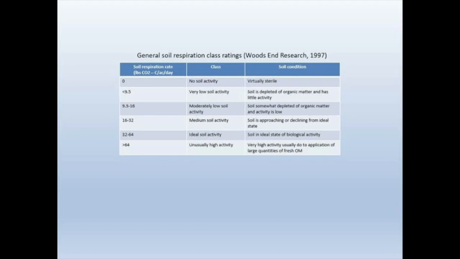As we go up to 9.5 to 16, we have somewhat depleted, and we are approaching or declining from the ideal state, depending on which way we're going. The ideal state is defined as 32 to 64 pounds of carbon per acre per day being respirated.